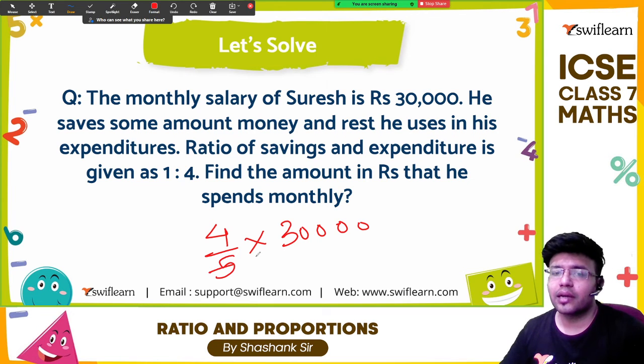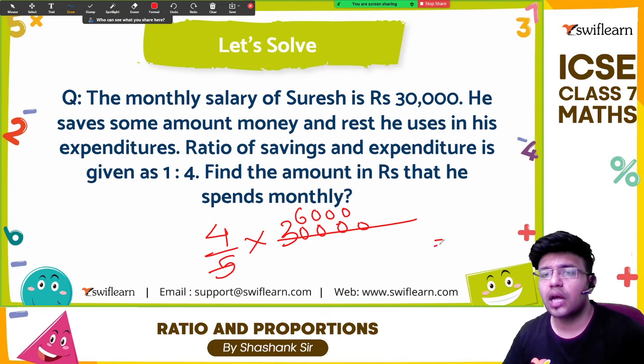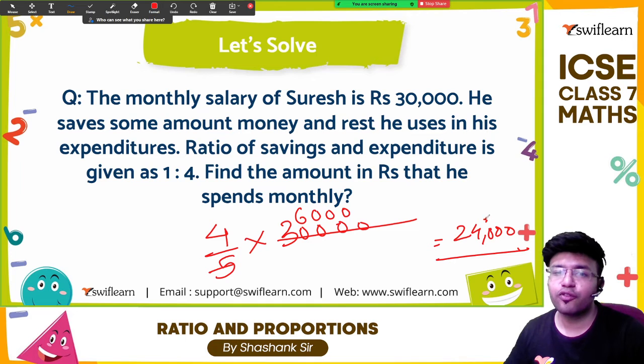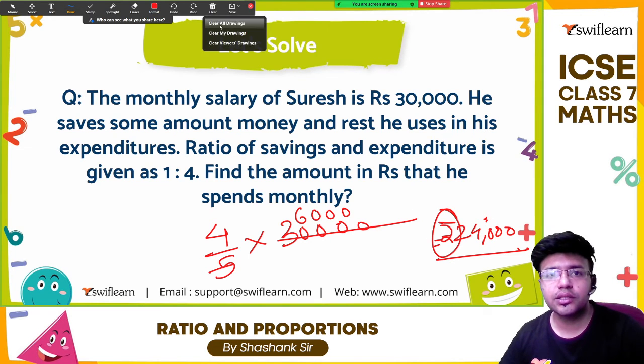Divide this by 5, 5 6s are 30, 6,000, 6 fours are 24,000 rupees. Out of 30,000, he is spending 24,000 rupees. This unit is important. If you don't write this, you lose a mark.